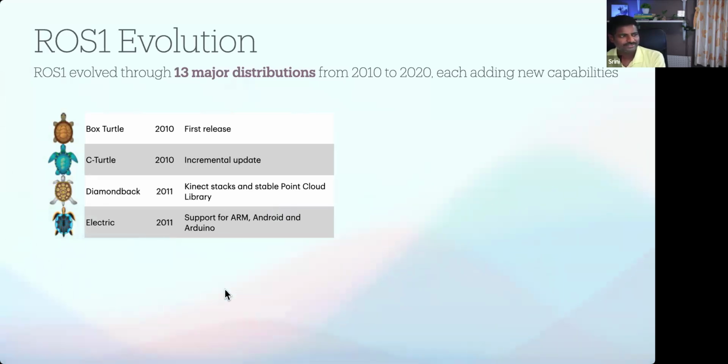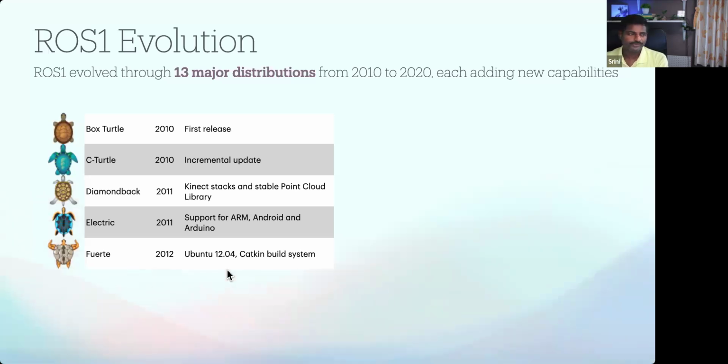And then came Electric in 2011, where they expanded the support for other architectures like ARM, Android and Arduino. In 2012, they had Fuerte, and that's when the Catkin build system was introduced.